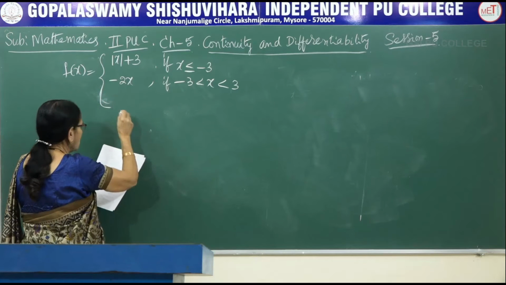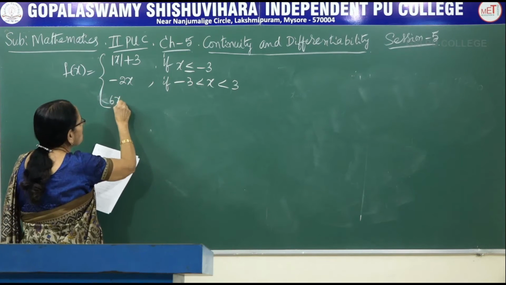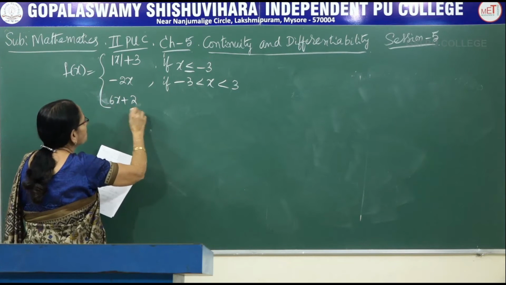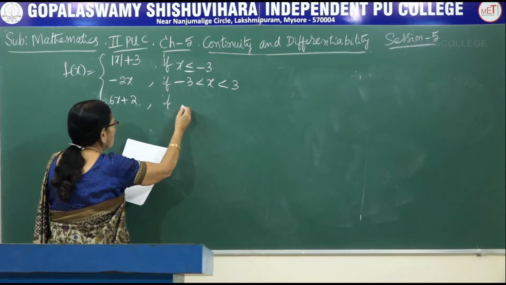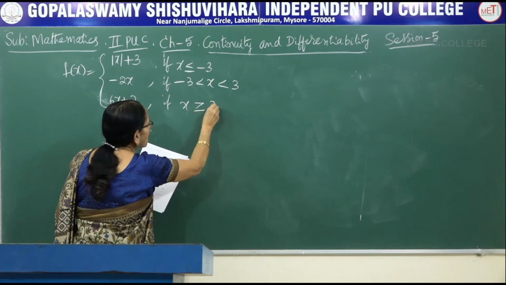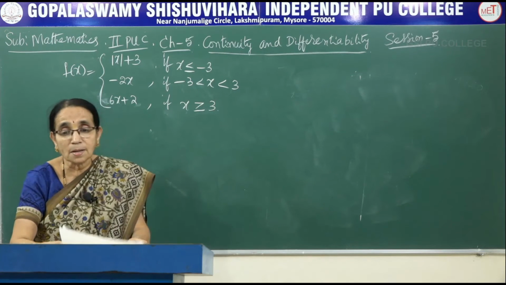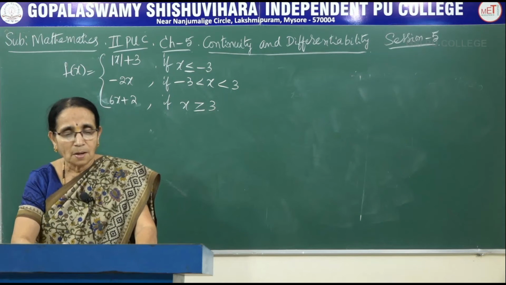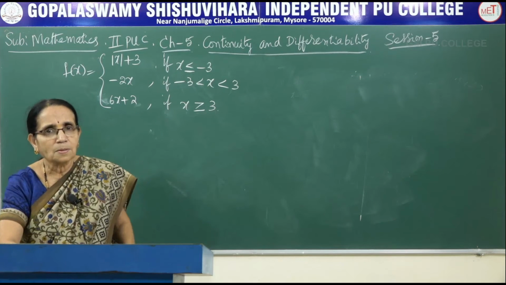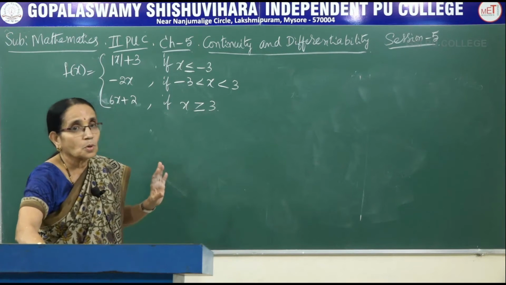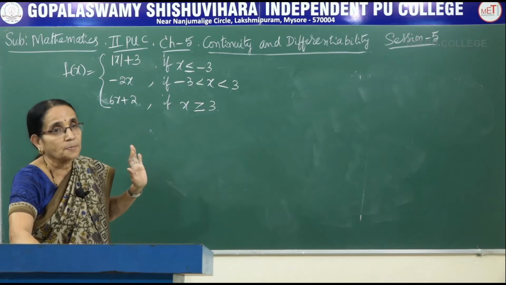And lastly, this is equal to 6x plus 2 if x is greater than or equal to 3. So, this problem you have to understand carefully.